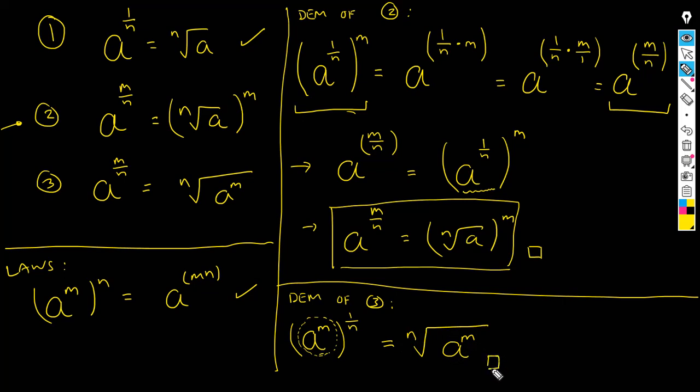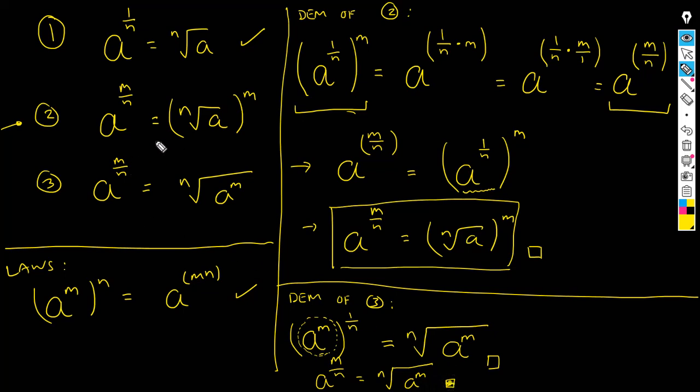And the proof is completed. Can you see? Because a to the m to the 1 over n is the same as this, which is equal to the n root of a to the m. So the proof is completed.